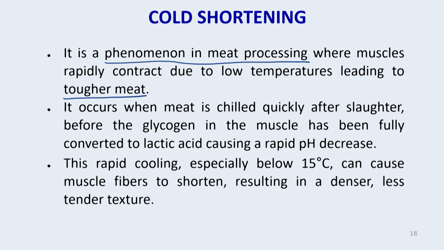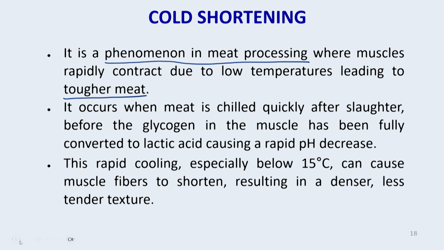Generally if the pH is between 6.5 and 7.5, we call it neutral. If it is less than 6.5, it becomes acidic, and if it is more, it becomes alkaline. This rapid cooling, especially below 15 degrees centigrade, can cause muscle fibers to shorten, resulting in a denser, less tender texture.